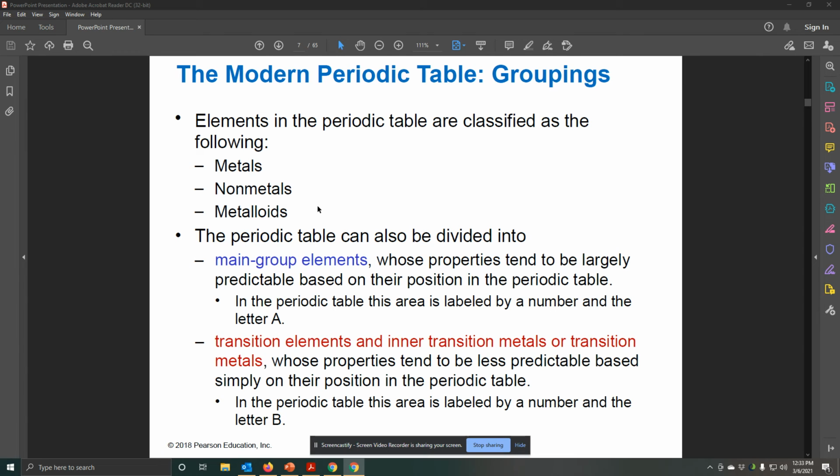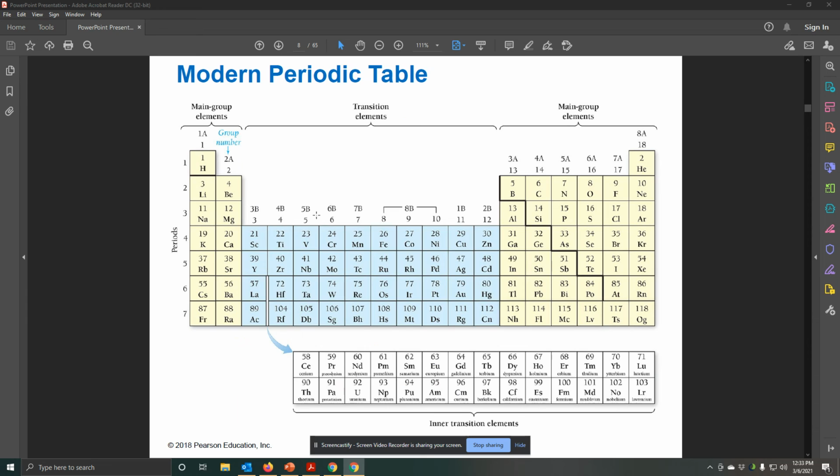Going back here, our periodic table is broken up into metals, nonmetals, and metalloids. Coming back over here, let's talk about that. See this little staircase? Hopefully you have that on your periodic table. If you don't, go ahead and put it there. This is your divider.